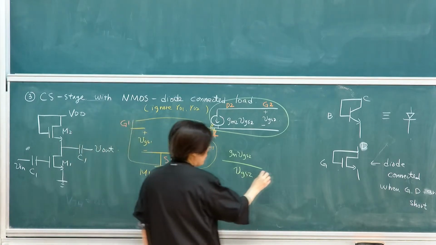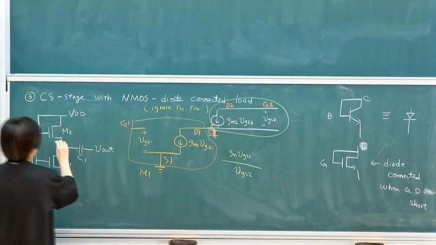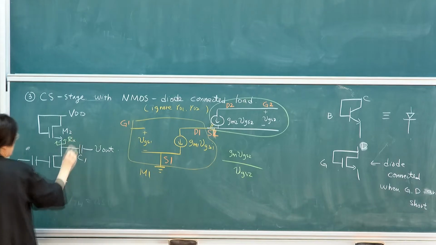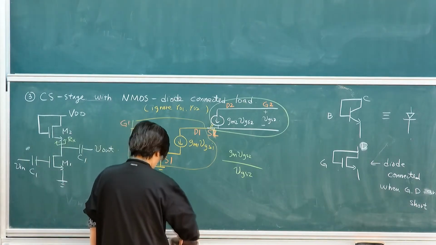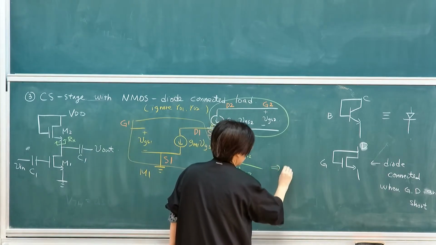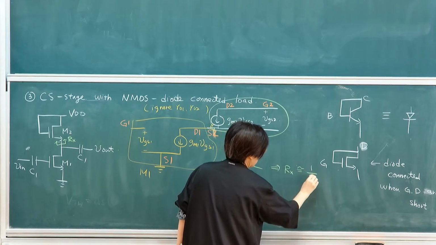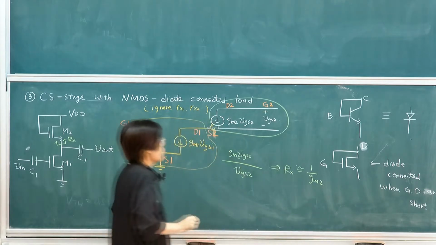So the effective resistance, if I'm looking up, Rx, should be precise, 1 over gm2.